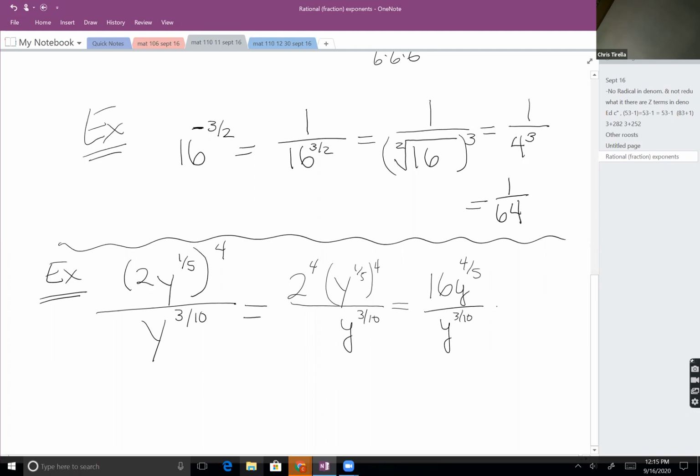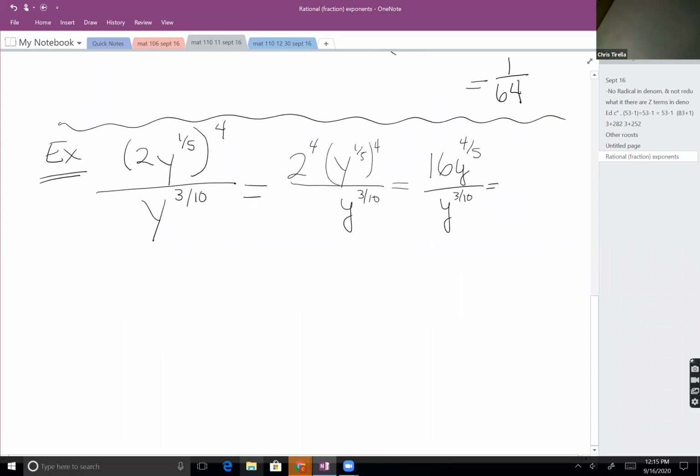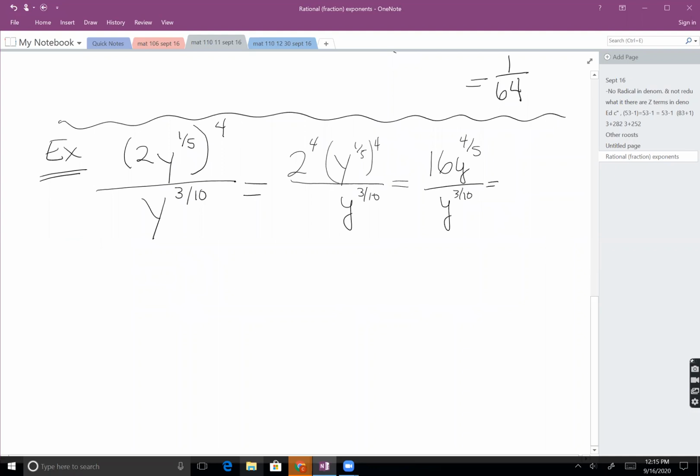But now, in order to divide, what do I do with those exponents? Subtract. So if I take 4/5 minus 3/10, I'm going to go old school and do it by hand. Common denominator is 10.